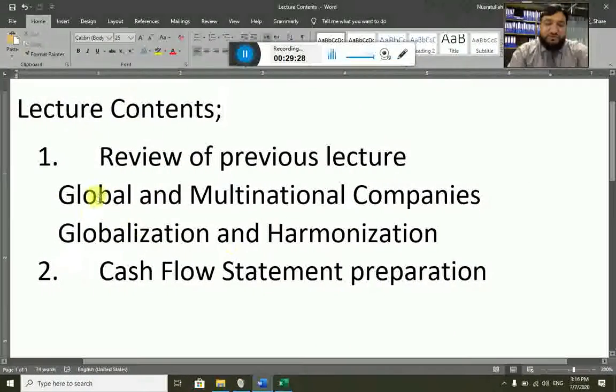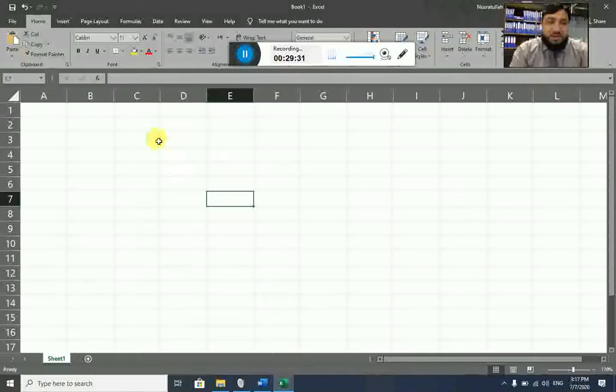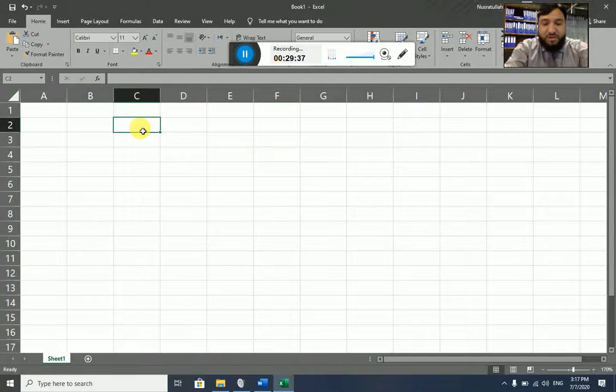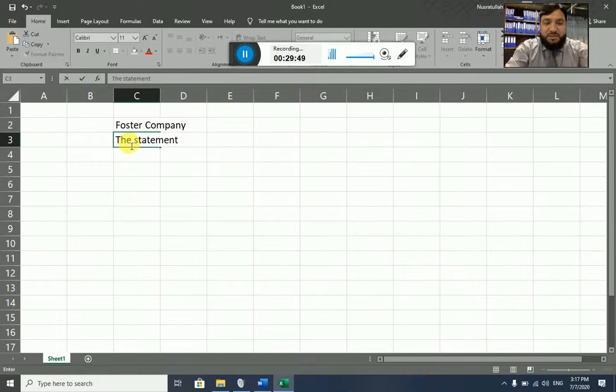So here's a cash flow statement. All right, let's start. First, I'll write the heading. I'll say Foster Company, then statement of cash flow, and then for the period ended January 31st, 2001.